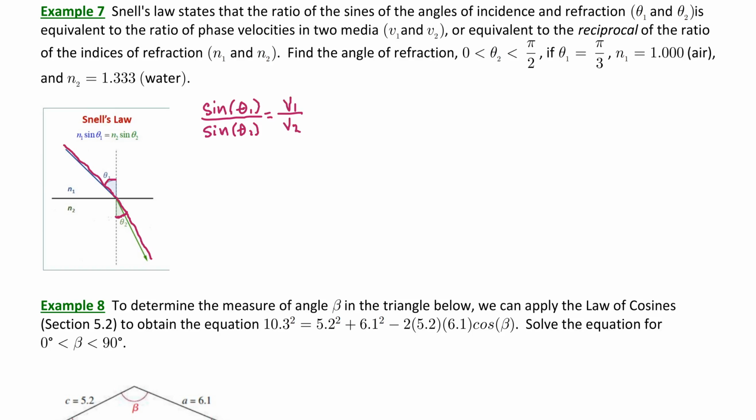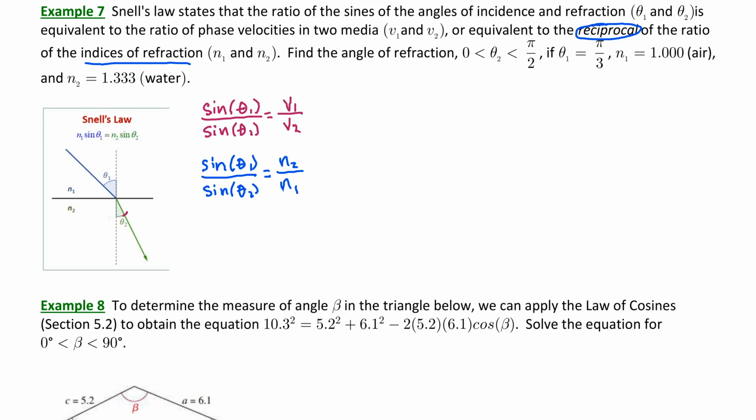Another way to write Snell's law is to take this ratio of sines, sine of theta 1 divided by sine of theta 2, and set it equal to the reciprocal of the ratio of the indices of refraction. So we find the ratio of the indices of refraction and then reciprocate it. Instead of n1 over n2, we have n2 divided by n1.